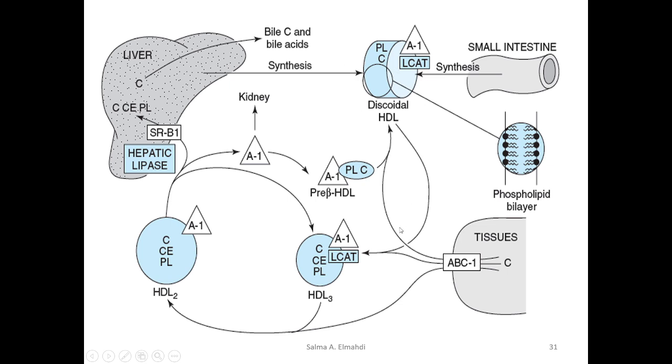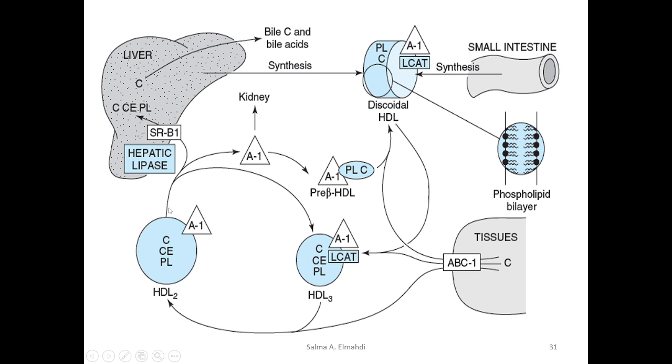HDL can take cholesterol from the tissues, so now it contains cholesterol in addition to cholesterol esters and phospholipids to form HDL3. HDL3 can take up more cholesterol to form HDL2, which as you can see is bigger, however less dense than HDL3.